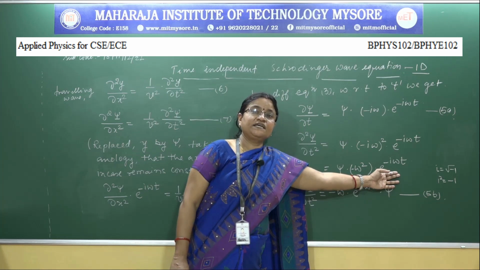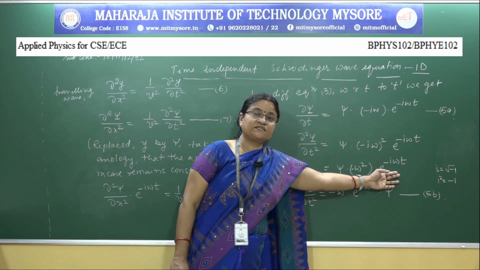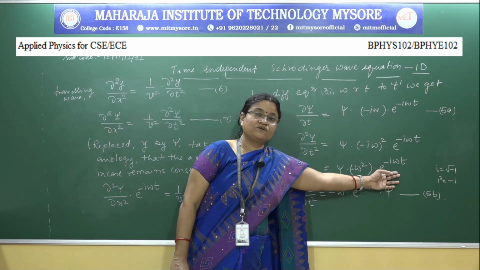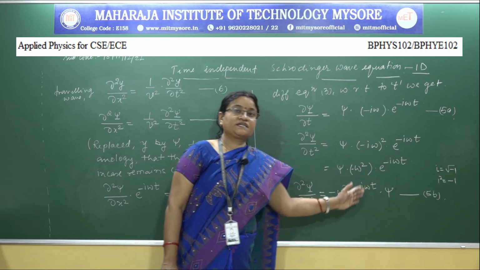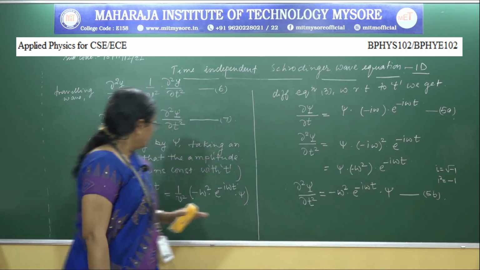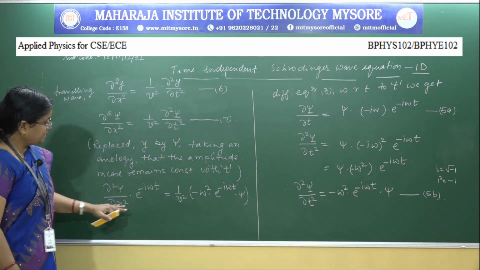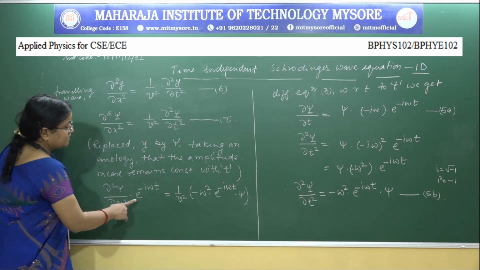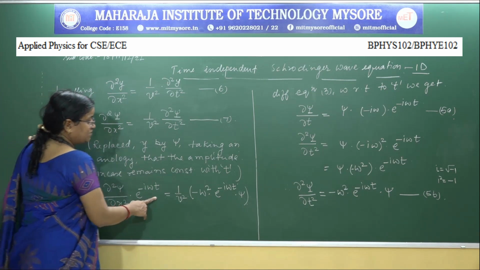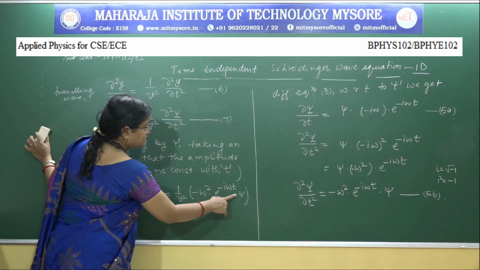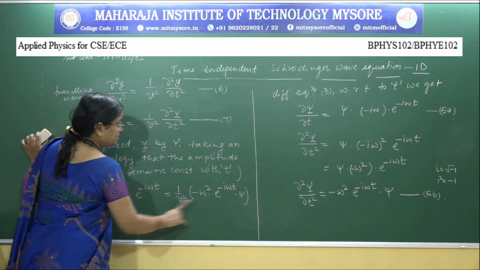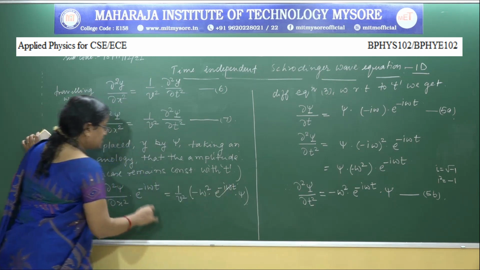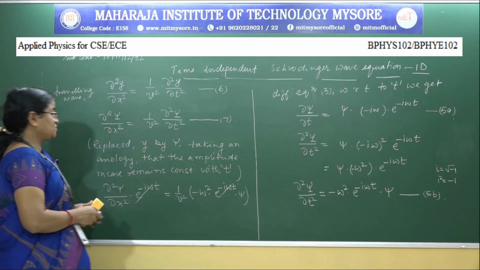So, when you differentiate with respect to x, don't differentiate the time term, and when you differentiate the time term, don't differentiate the x term. So, in this equation what we observe that exponential of minus I omega t and exponential of minus I omega t both are common term on either side, and hence it will be cancelled out.